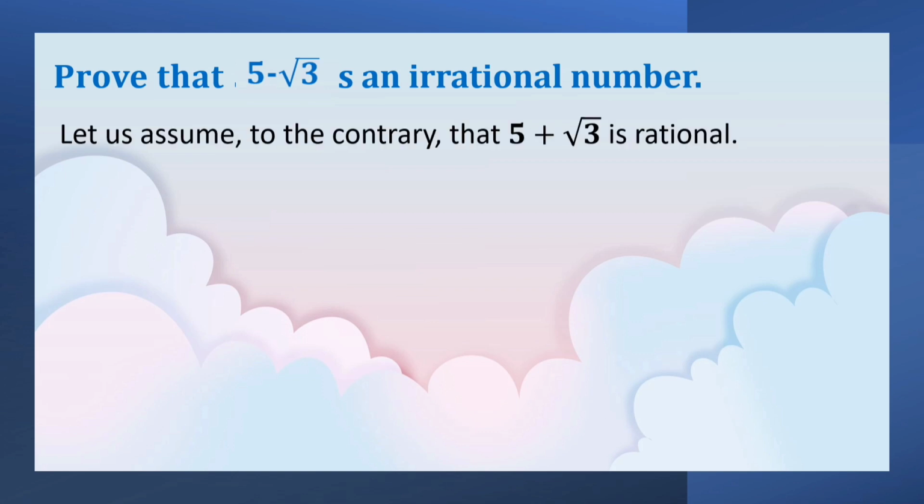Okay. Then when we had to prove that 5 plus root 3 is irrational, we assumed it is rational, but now we have to assume that 5 minus root 3 is a rational number.